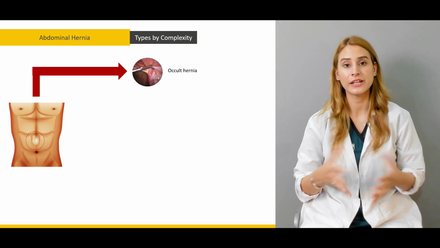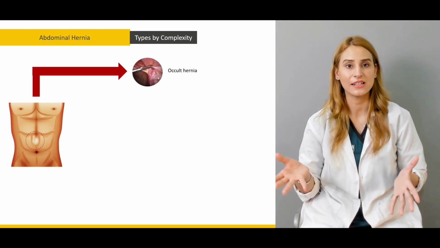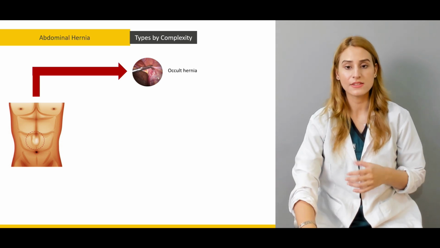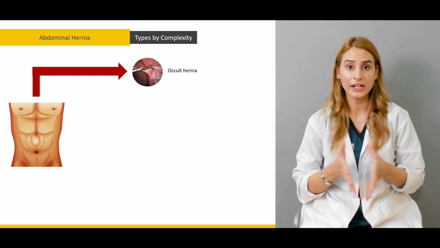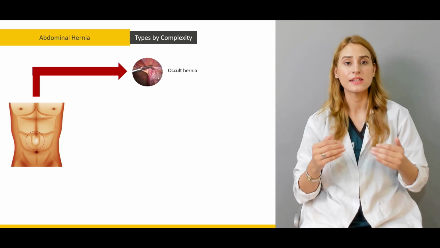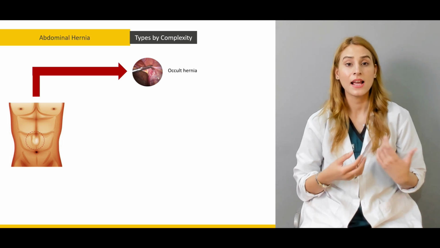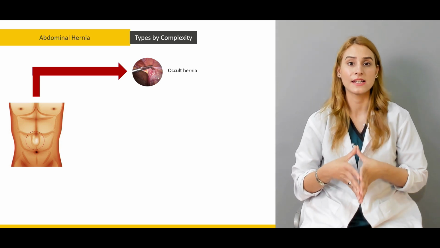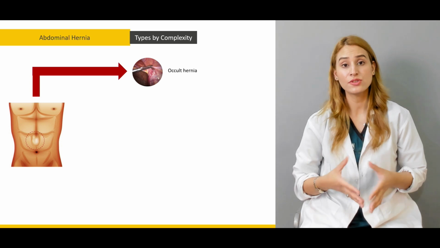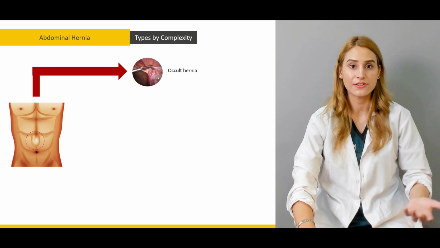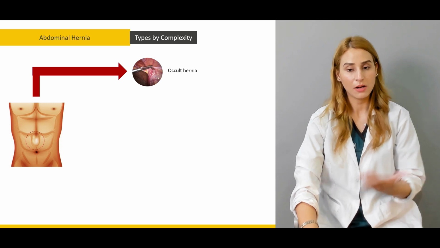He complains about the pain, but you don't see any swelling or apparent hernia visible on the abdominal wall. So these are called occult hernias. They're very complex because they're very small and you cannot see them, and with small hernias there's more chance of strangulation and more chance of obstruction. So these hernias are very complex.